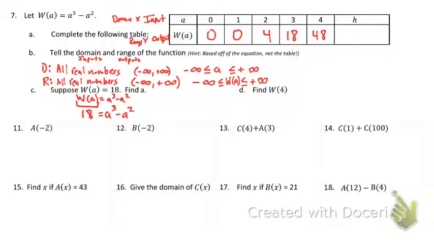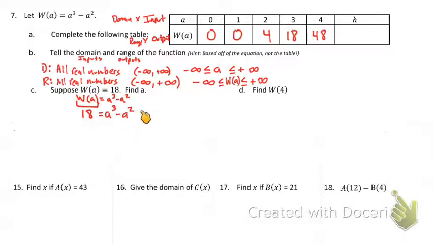Our goal is to find A. So this problem involves solving equations, which we've done before, but this one's a little more complex of an equation. What I want to get from you right now is, we're not going to solve this out.